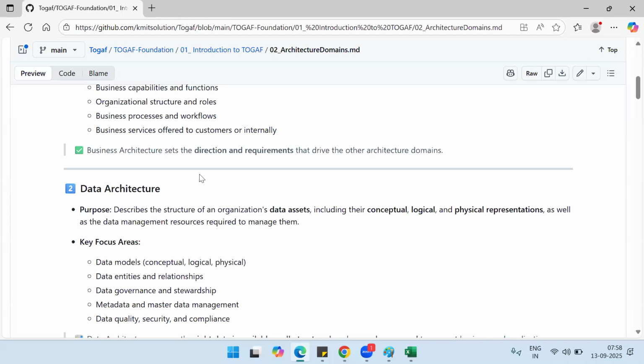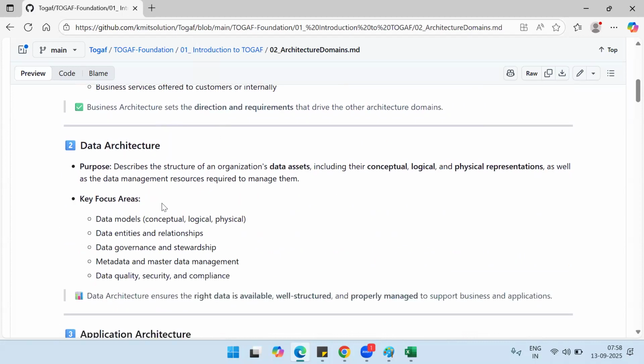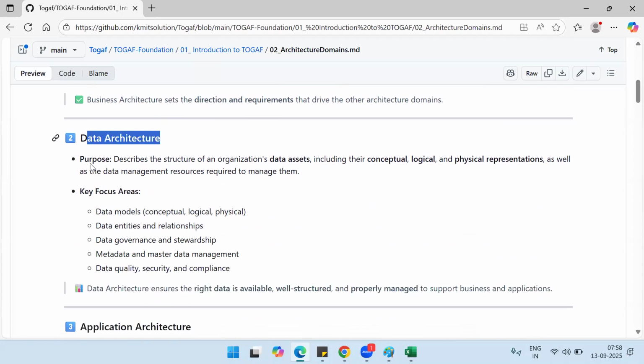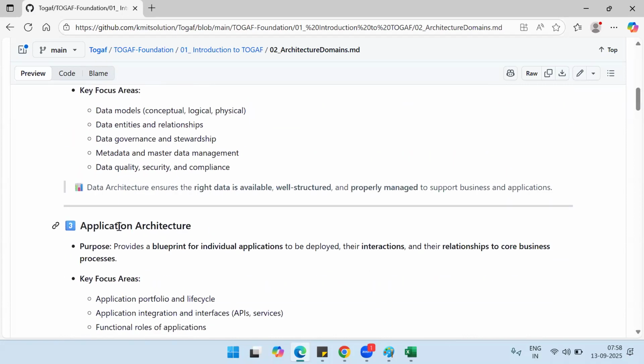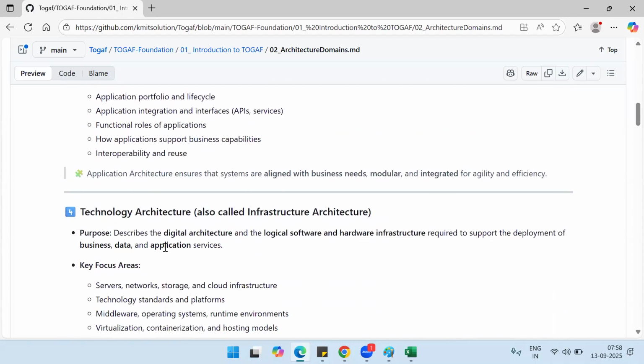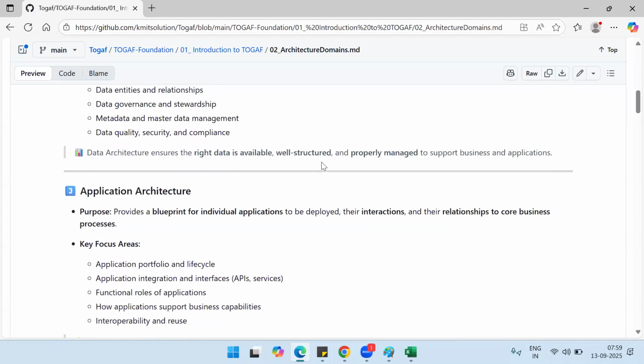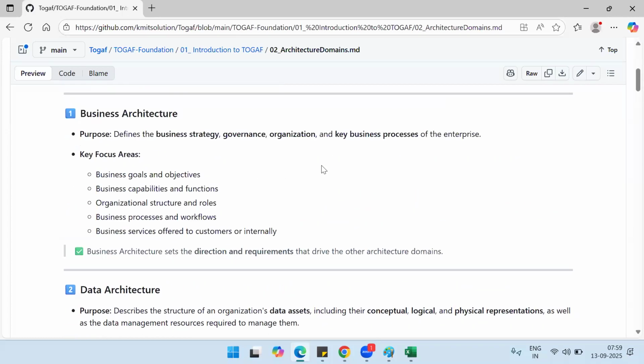And now tell me one thing. Business architecture, data architecture, application architecture, which I have already explained but we will discuss in these notes, and infrastructure architecture. Is this before starting the project, or maybe in between or after?